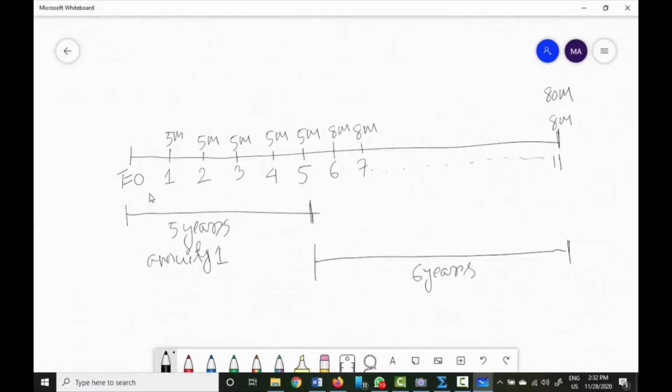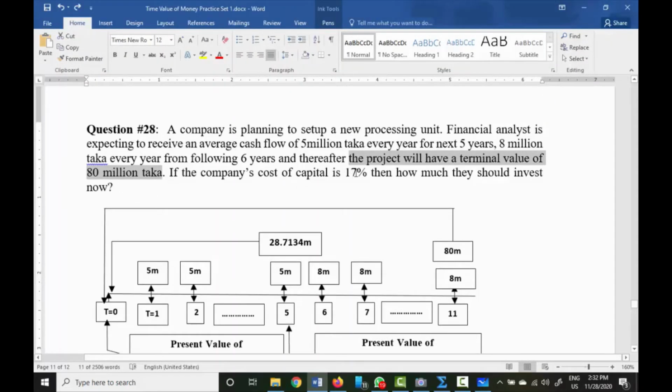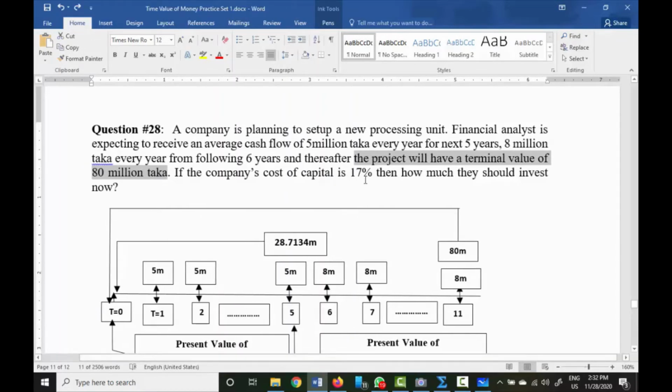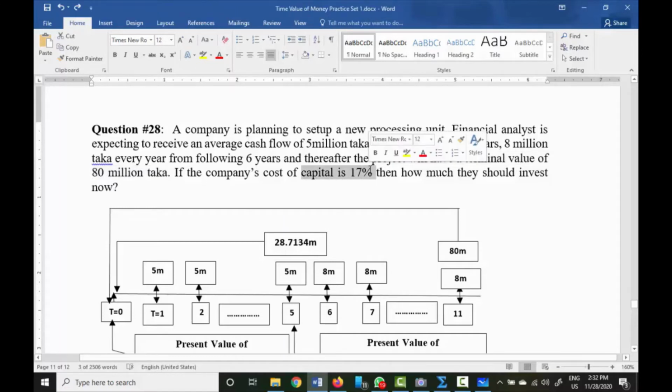Right? So the question is asking, if the required return from investment is 17%, that means the cost of capital is the required return, in that case, how much they should invest now?